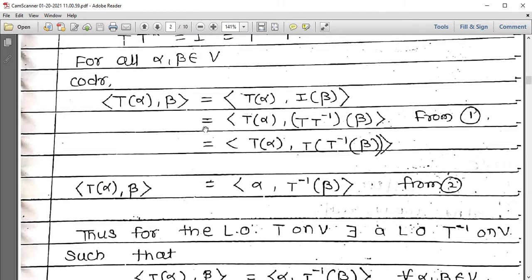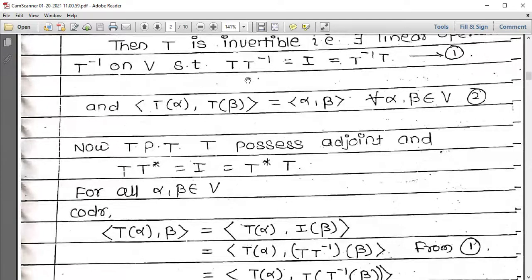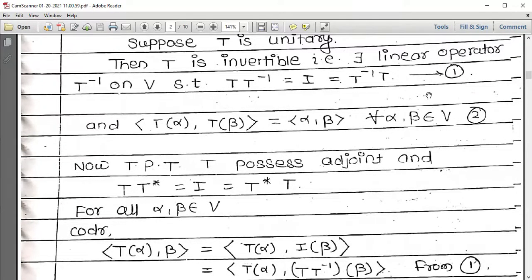This is equal to the inner product of T alpha and T into T inverse of beta. Why? Because T is invertible, and T into T inverse is equal to I, from equation 1. Where is equation 1? Look at it. This is equation number 1.